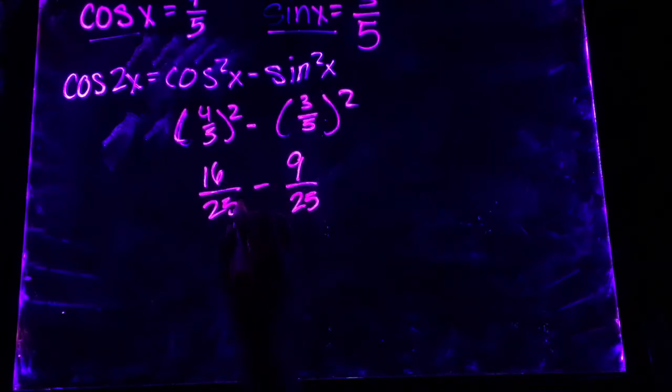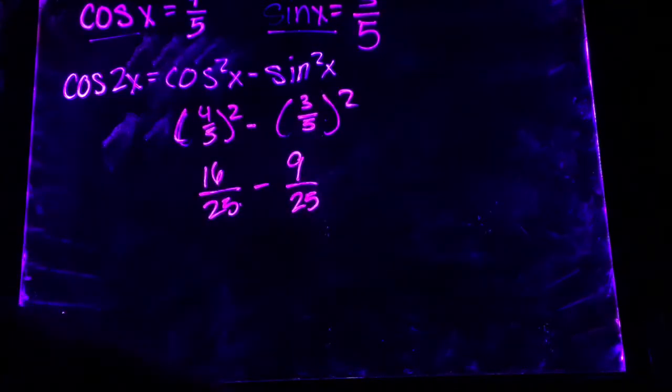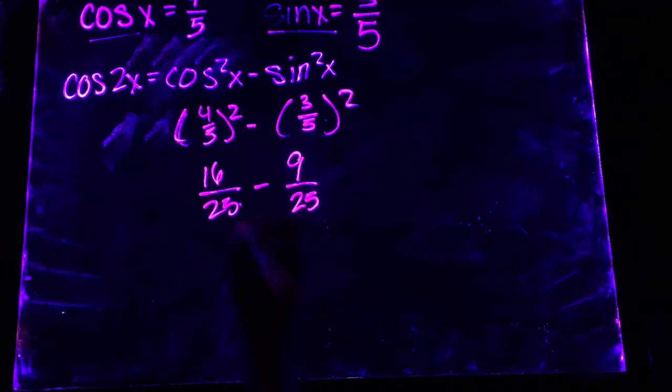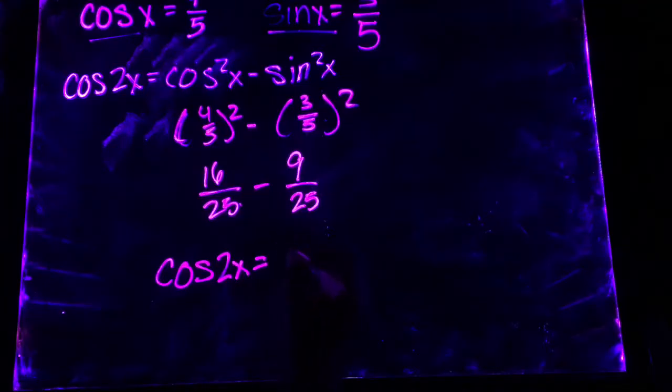Then these have like denominators, so you can go ahead and do your subtraction. And so you're left with cosine of 2x equals 7/25. And that is your answer for cosine of x equals 4/5 using the double angle formula for cosine.